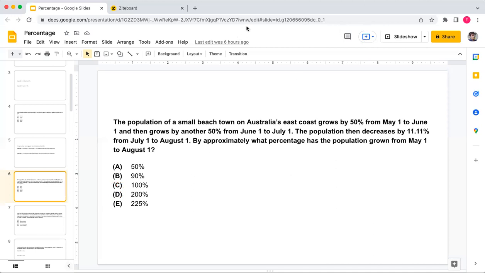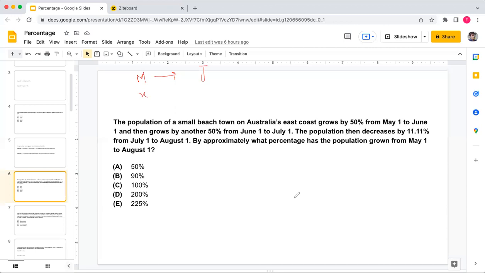Okay, so let's try to think of these in terms of fractions. The population of a small beach town in Australia East grew by 50% from May to June, May 1 to June 1. We have first May and then we have June. Let's suppose at the start we have some value X and that increased by 50%, right?